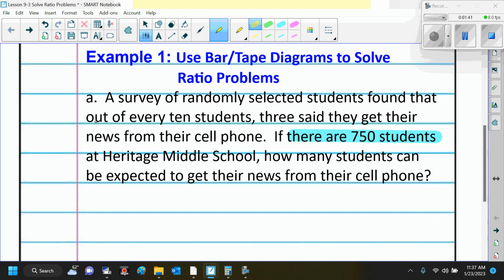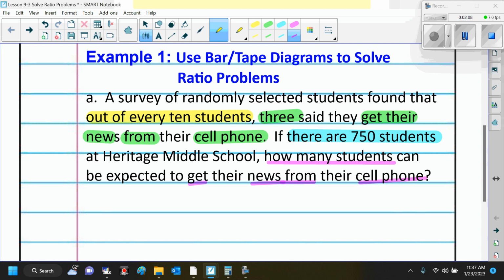So out of every 10 students, 3 get their news from their cell phone. Okay? And what are we looking for? Right. How many students get their news from their cell phone?